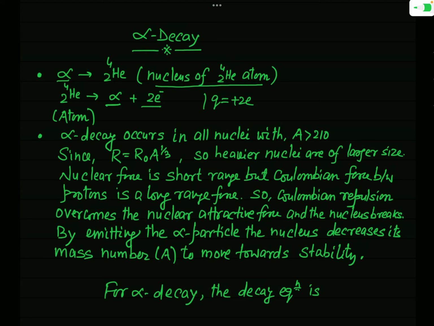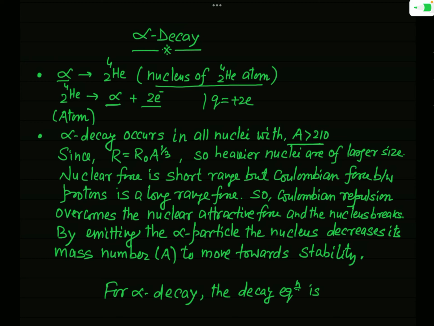Now, what type of nuclei will suffer alpha decay? First of all, you should note that all those nuclei having mass number greater than 210 will suffer alpha decay.